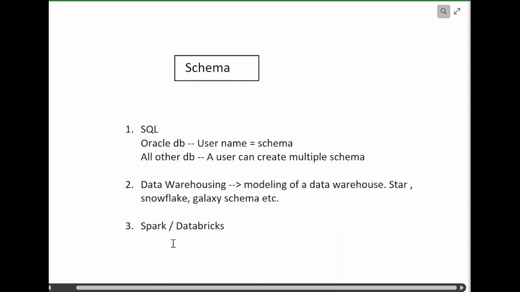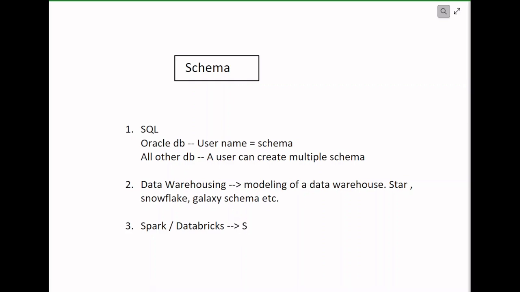Now if we are talking about Spark or Databricks, the word schema means the structure of the data. What does it mean? If we have created a table in Spark or Databricks, how the table is designed, how many columns there are, what the name of each column is, and what the data type of each column is, those details we call the schema of the table.